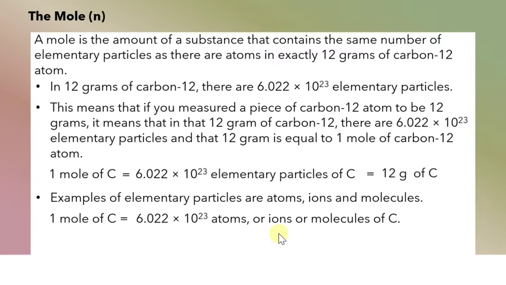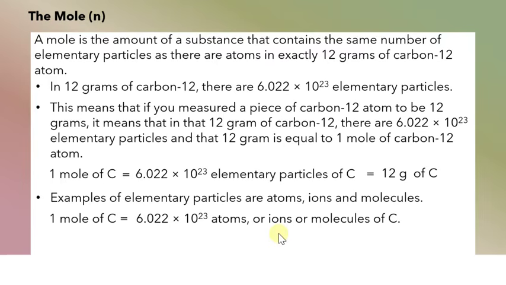So if they tell you that you have 1 mole of carbon, then they ask you how many atoms of carbon are there in that 1 mole, it has 6.022 times 10 to the power 23 atoms. In the same way, if they ask you, you have 1 mole of carbon, how many ions of carbon atoms are there?